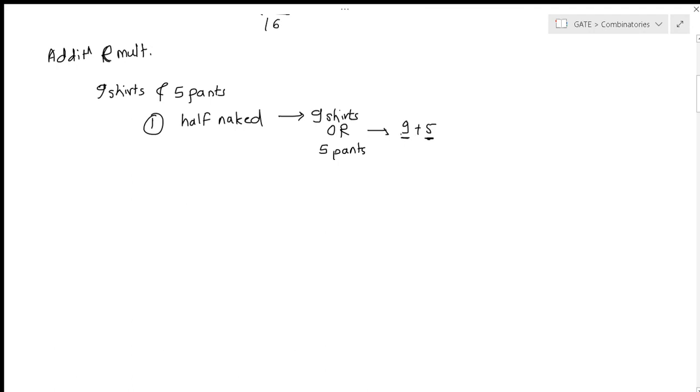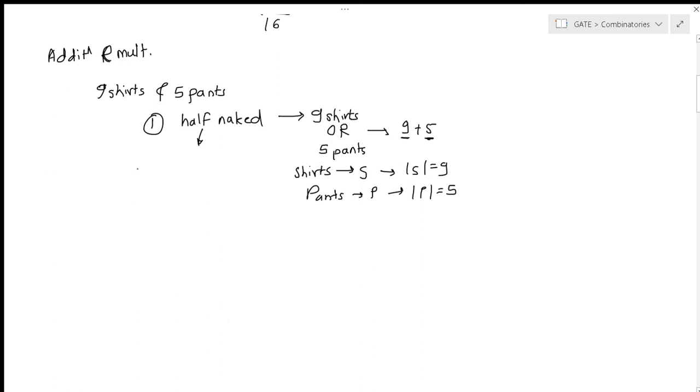So if I represent the shirts by the set S and pants by the set P, what can you tell me? There are a total of 9 shirts, so the cardinality of set S will be 9. There are a total of 5 pants, so the cardinality of P will be 5. How can I say the answer to this question in terms of sets?